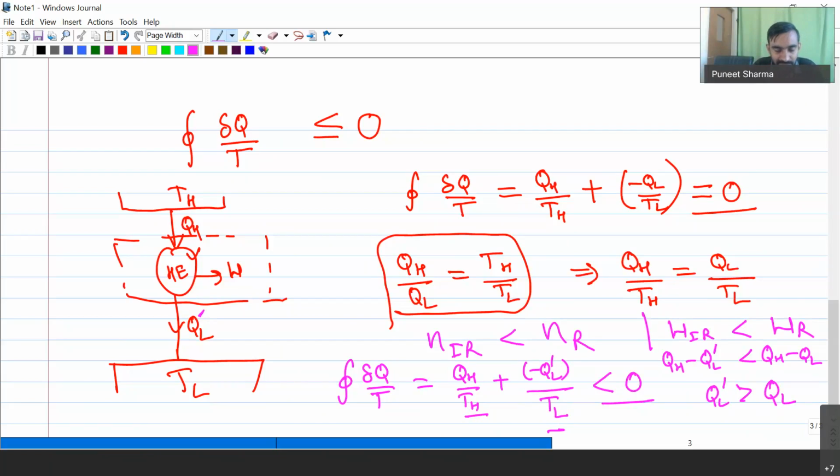Okay, sir. So in this you have to take the cyclic integral, but today you did not take the cyclic integral. Why? So that is what I explained in the morning lecture, that the origination of the new property entropy has come from the Clausius inequality, which says that the cyclic integral del Q by T is equal to 0.